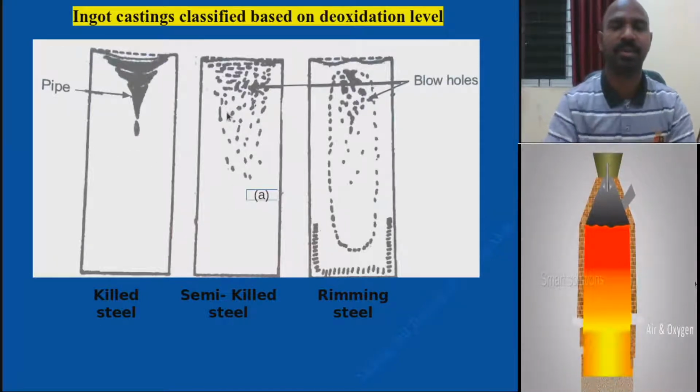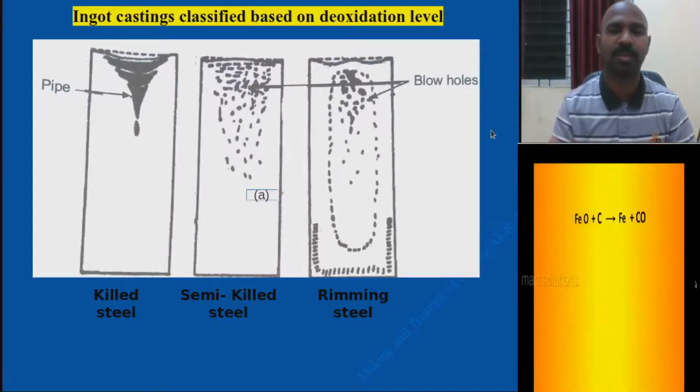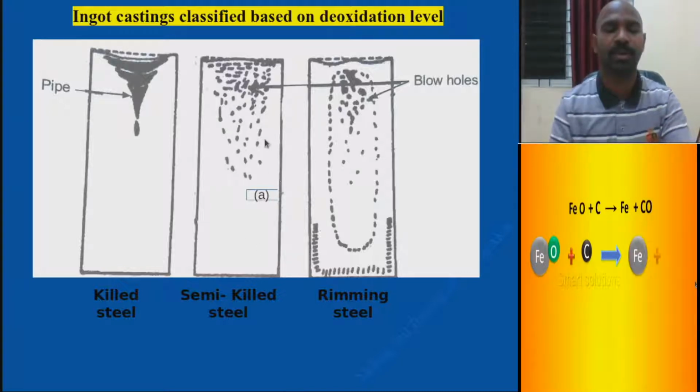Semi-killed and rimming steels have an advantage because the dissolved oxygen is high and carbon is low. Blowholes and similar defects, at the stage of finishing operations such as hot rolling, are welded out and mixed within the cast structure.